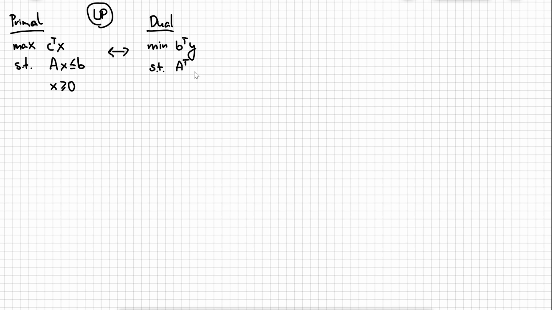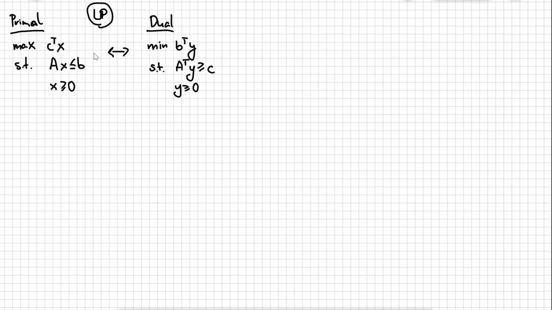The constraints become greater than or equal to c, the original objective coefficients, and y is greater than or equal to 0. This is what we do when we have less than or equal constraints and maximization.